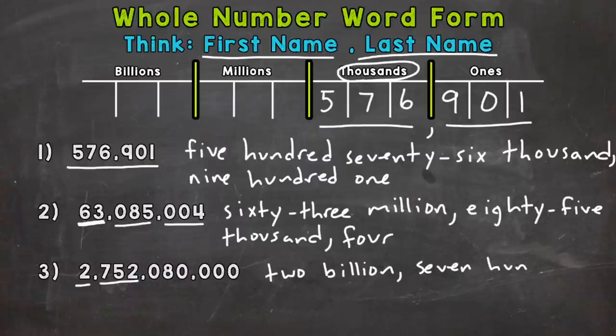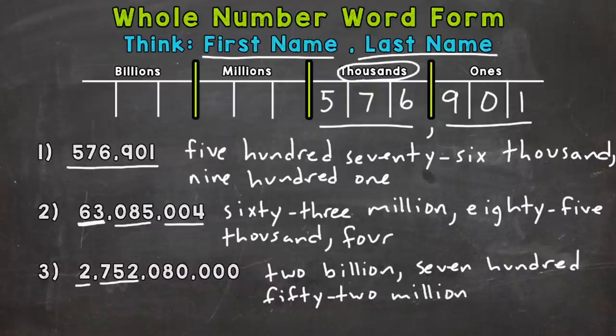752 would be the first name. Last name, it's sitting in the millions period, so 752 million, comma. Read this number as is. We have 80, and it's sitting in the thousands period, so 80,000.